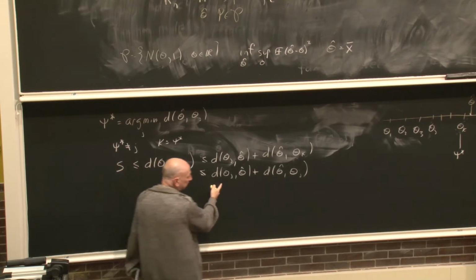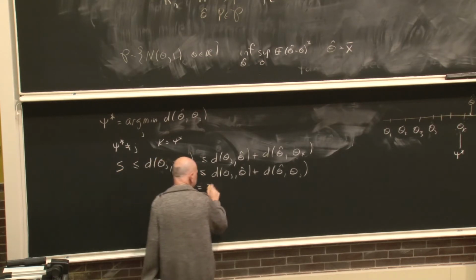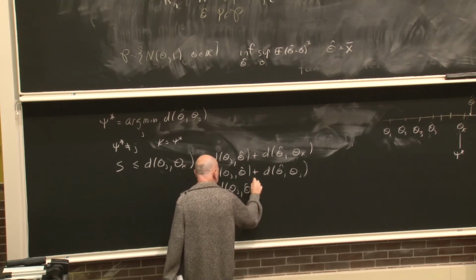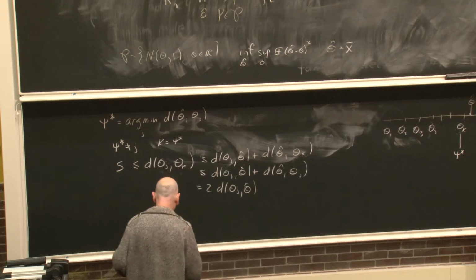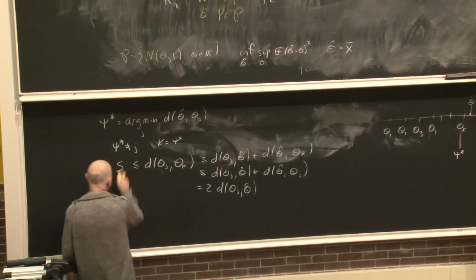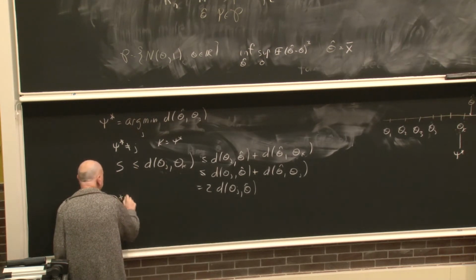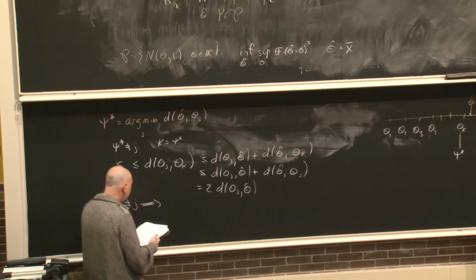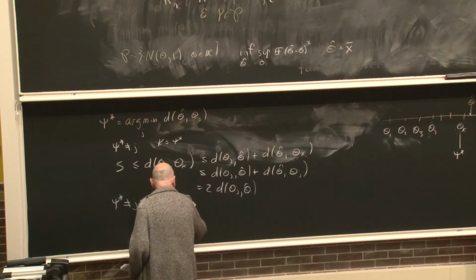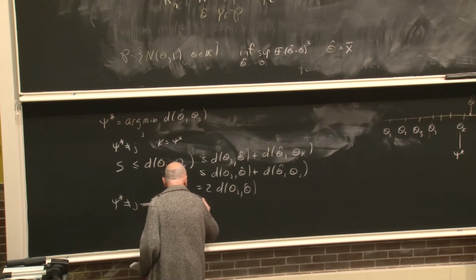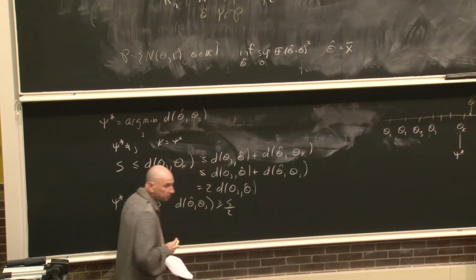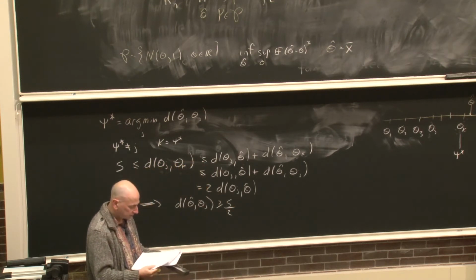So theta j was not the minimizer. This is just 2 times theta j theta hat. So in other words, any time this projected estimator is not equal to the truth, it implies that the distance between theta hat and theta j is bigger than or equal to s over 2. That's where the 2 comes from.